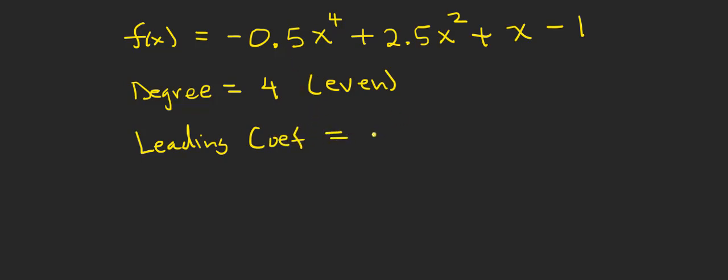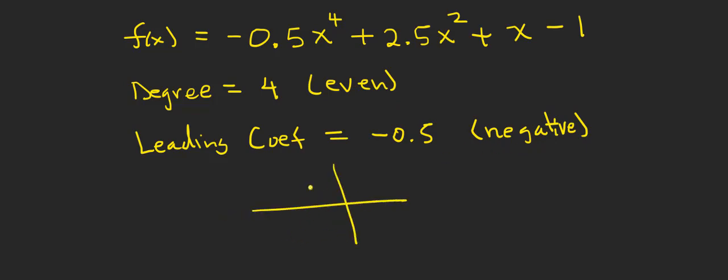The leading coefficient is negative 0.5, which is negative. So the degree is even and the leading coefficient is negative. So how does the end behavior look? We don't know what's going to happen in the middle, but we know that it's going to look like this.